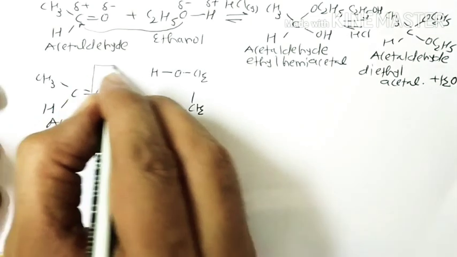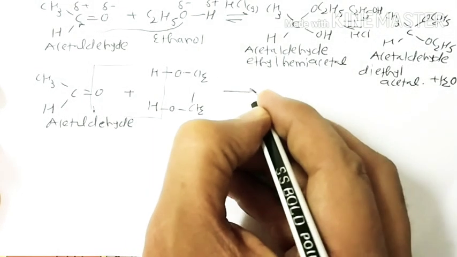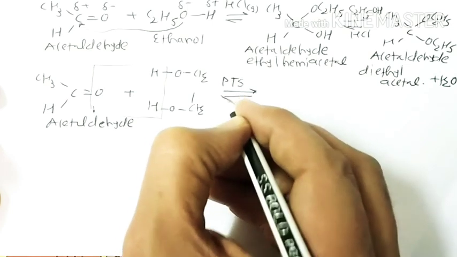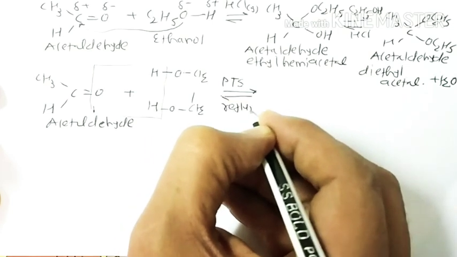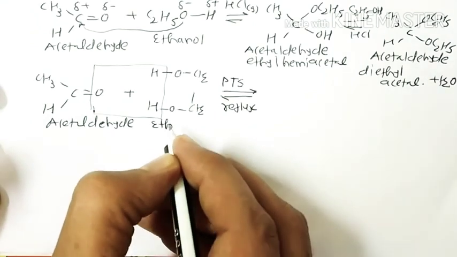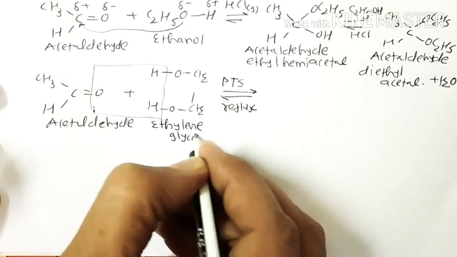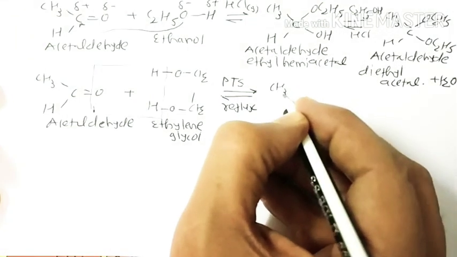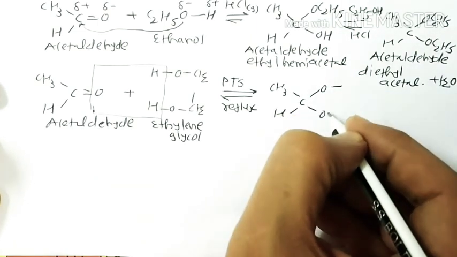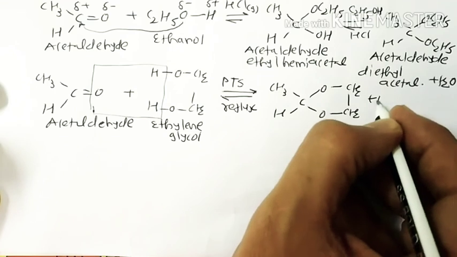So there is a removal of water. यहाँ पे पानी निकल गया. In presence of पेराटोल्यूइन सल्फोनिक एसिड, उसको हम रिफ्लक्स करेंगे, राइट. सो क्या होगा, दिस इज इथिलीन ग्लाइकोल. तो यहाँ पे CH3 है, CHO, यहाँ पे भी O, यहाँ पे CH2 प्लस H2O.